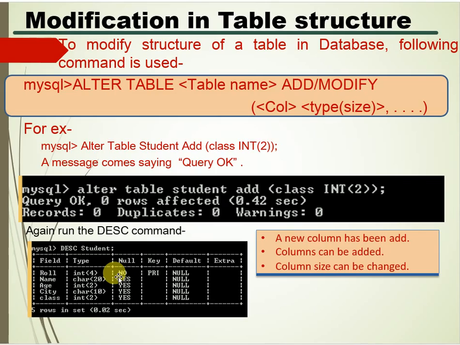Remember it again: if you make changes in the structure, like adding a new field or modifying the size of the corresponding fields, you use alter table. If you want to update the information in a record, you use the update command. I hope it's clear to everyone: alter table and update.